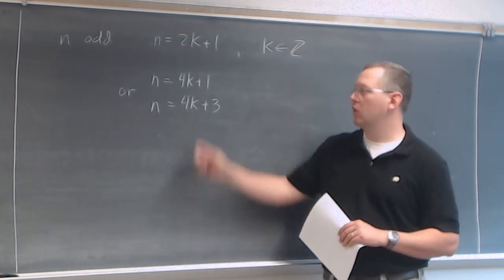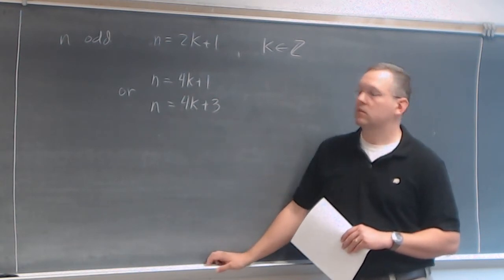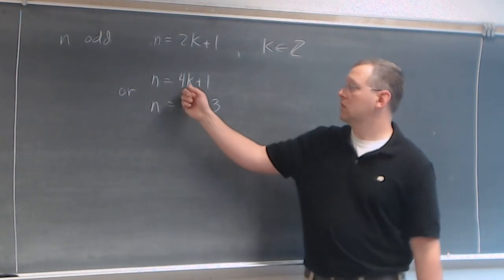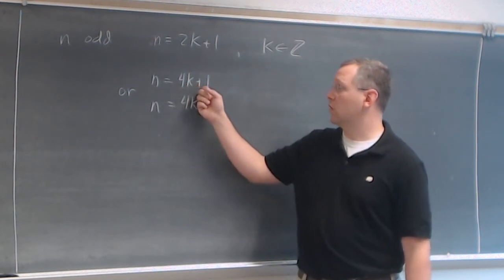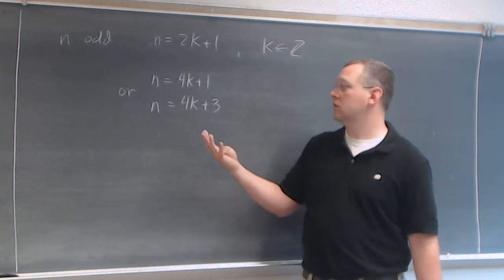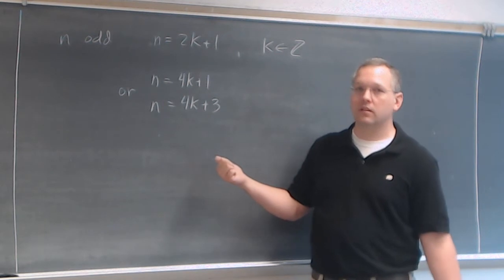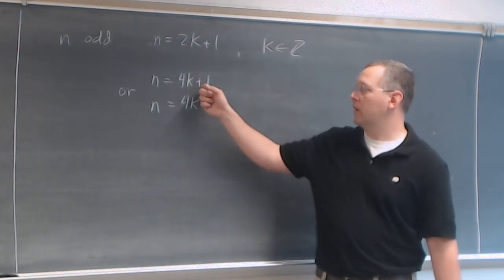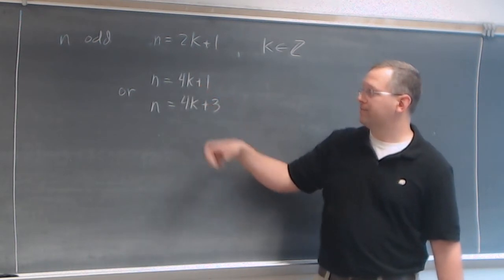So I just did 2 little cases like this, to show you another way to think of odd numbers, that they're also congruent to either 1 mod 4 or 3 mod 4. Is that clear? I mean, there are only 4 residues. It can't be 0 mod 4, because that would be even. It can't be 2 mod 4 because that's also even. So every odd number has to be either 1 or 3 mod 4.